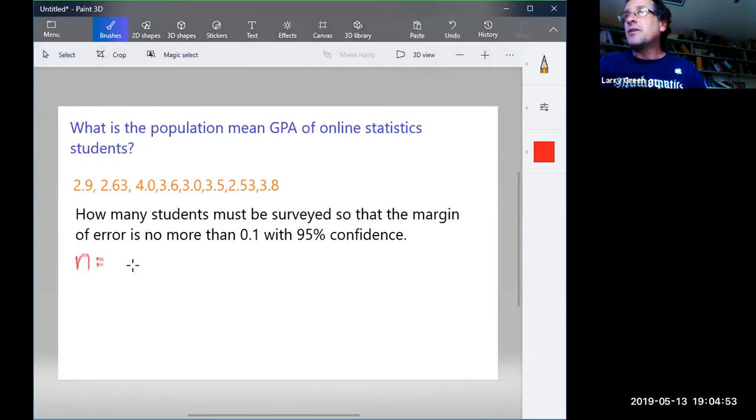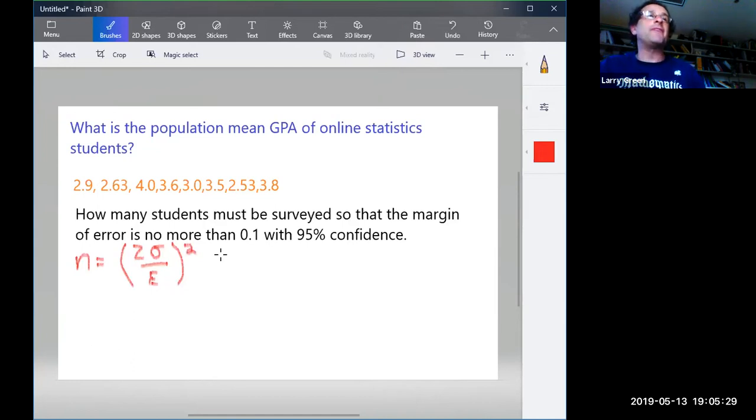N is equal to Z times sigma over E, squared. I don't have enough time to prove this to you, but do you all believe me? So this is a formula.